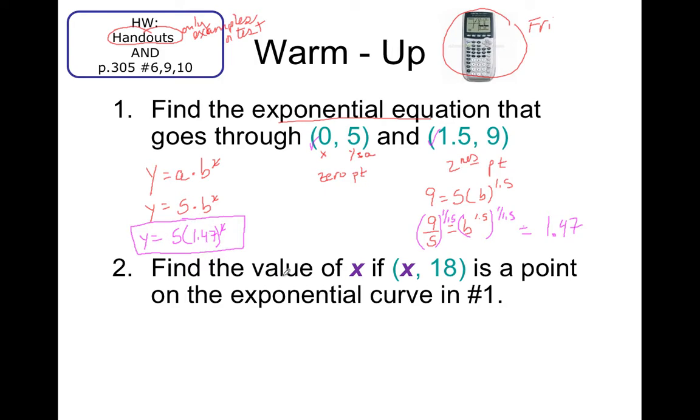Number 2, find the value of x if that x comma 18 is a point on the exponential curve from number 1. They gave me a y, so you need to plug 18 in for the y. Divide the 5 off.